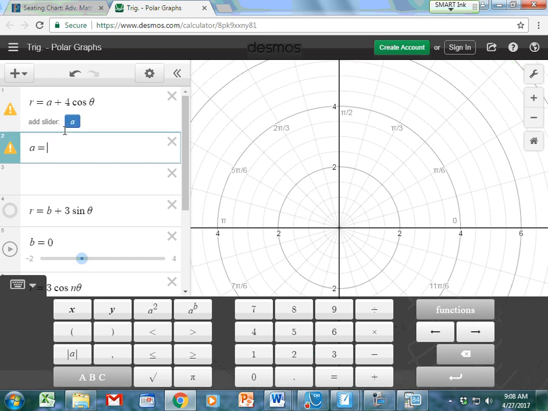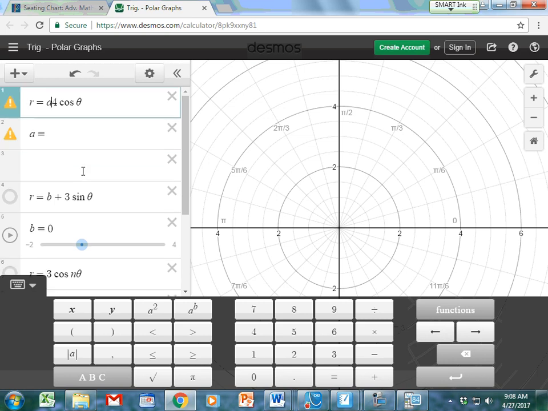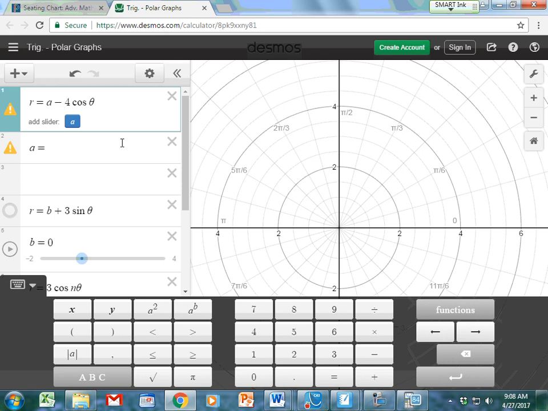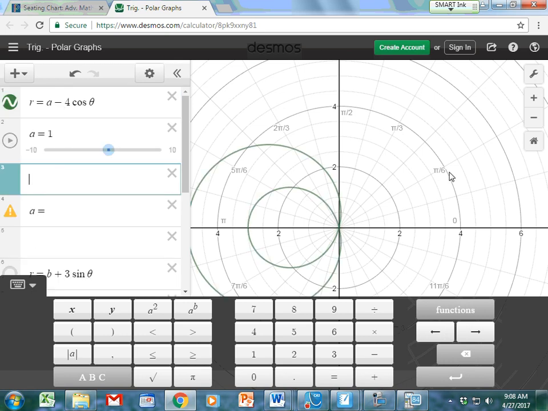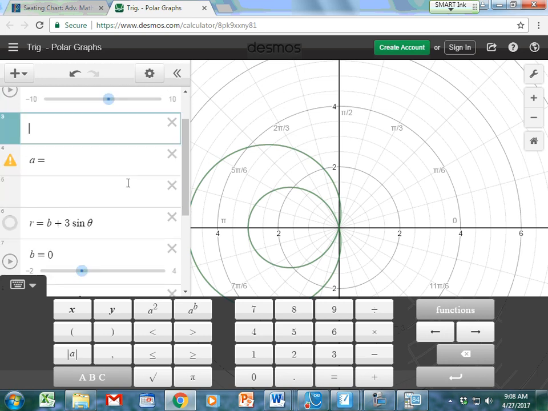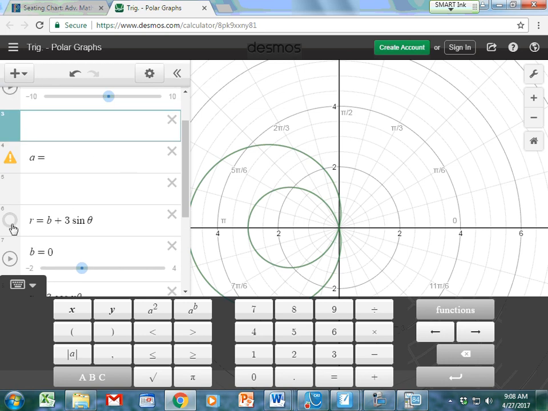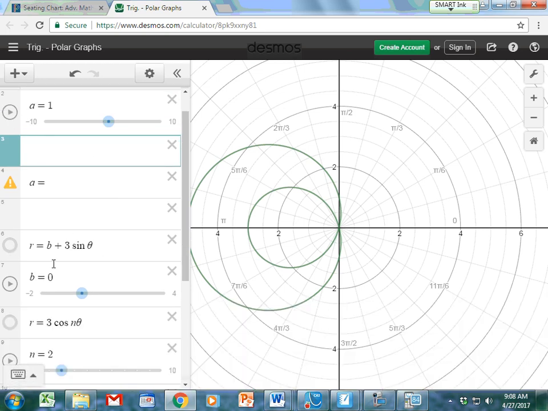No, if like instead of having A plus 4, A minus 4. Oh, okay. Let's see. What happens? It just goes to the other side, like the thing we did the other day, right? What if this was sine? Would anything change if this was sine?